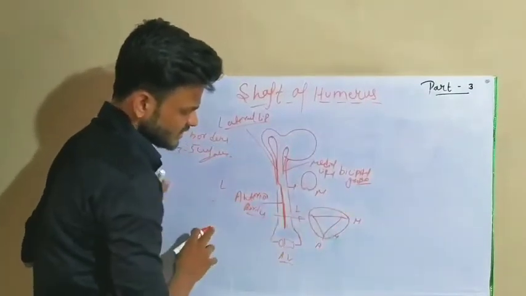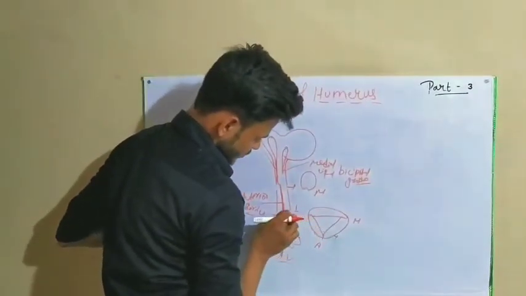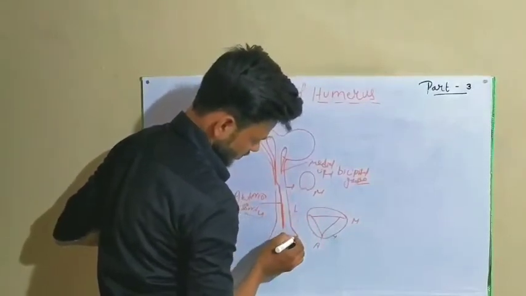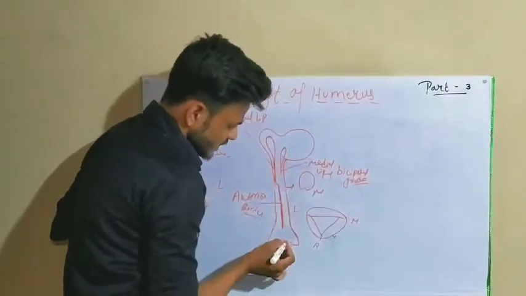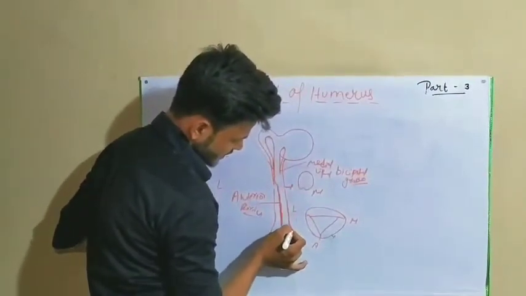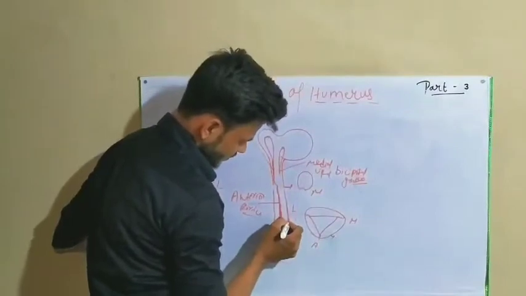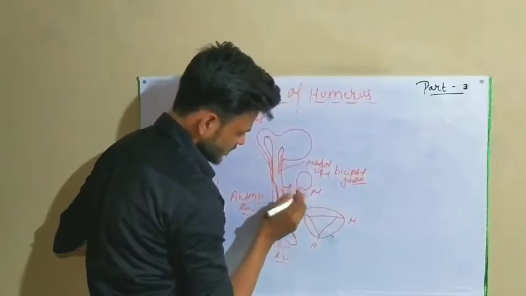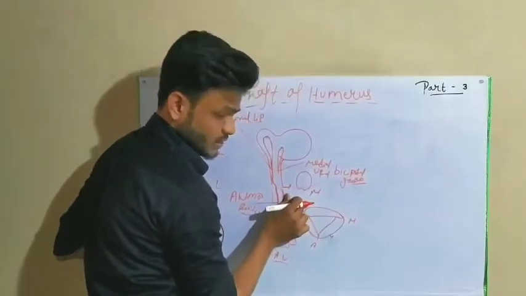On the medial side is our medial border. This border extends from the medial supracondylar ridge and moves upward along the shaft of the humerus.